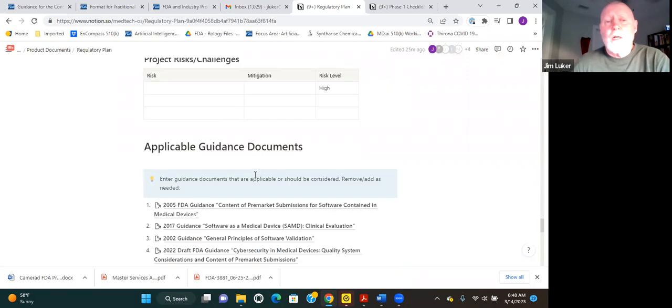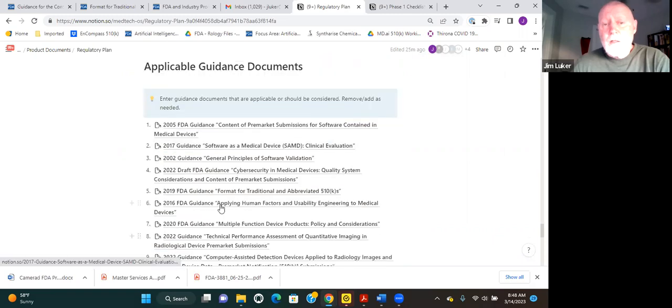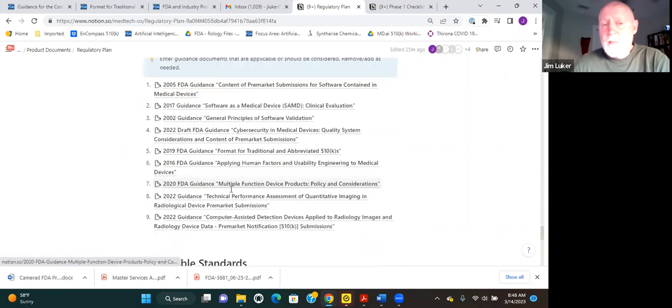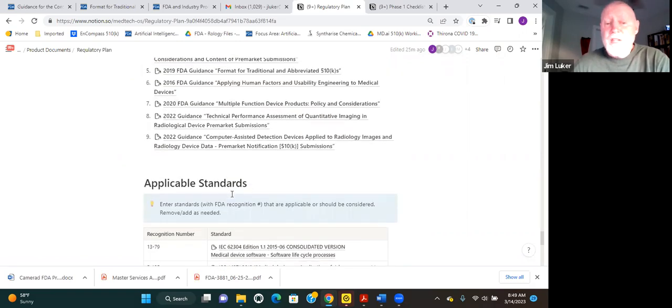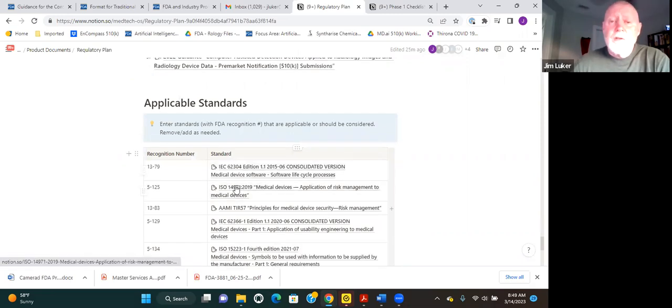And on the regulatory side, there are many guidance documents, and we've listed quite a few of them here that could potentially apply to that strategy for that particular product, as well as standards. IEC 62304 is a software lifecycle standard. That's pretty much standard; if you use it, that's state of the art.